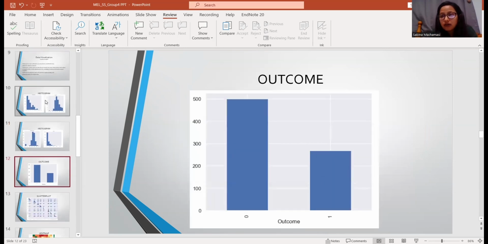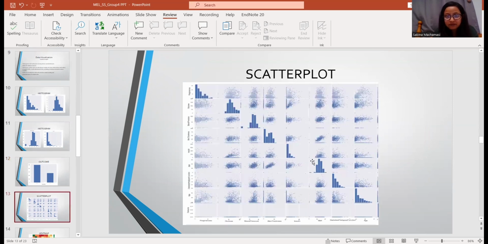If we see the outcome, 0 means the people without diabetes, whereas 1 means the people with diabetes. People without diabetes reach around 500, whereas people with diabetes is around 250 or 300. So seeing this outcome, the population sample size we can estimate is around 800 people only.